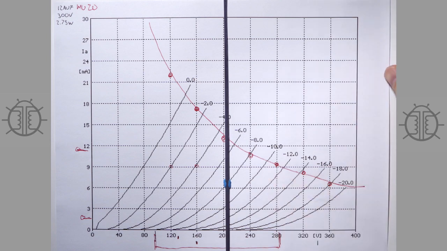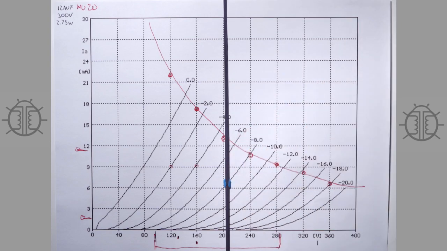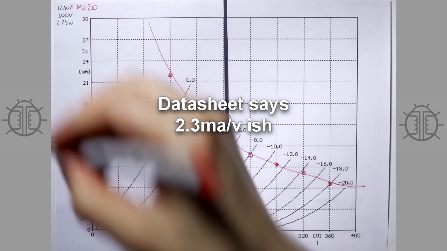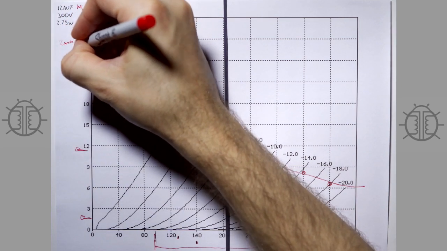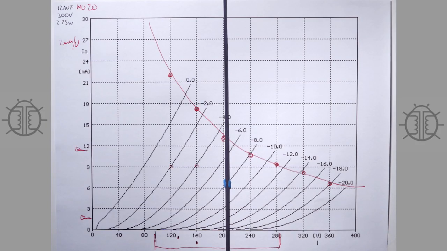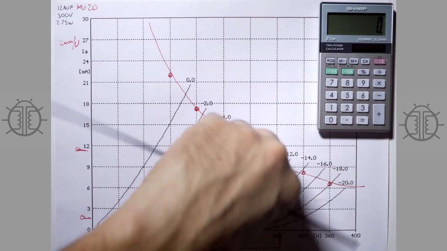So we'll do that really quick. About 4 milliamps for 2 volts. So we're getting about 2 milliamps per volt. So that's our transconductance, 2 milliamps per volt. So interesting, now you understand what transconductance is. So you've got transconductance, you've got your gain.